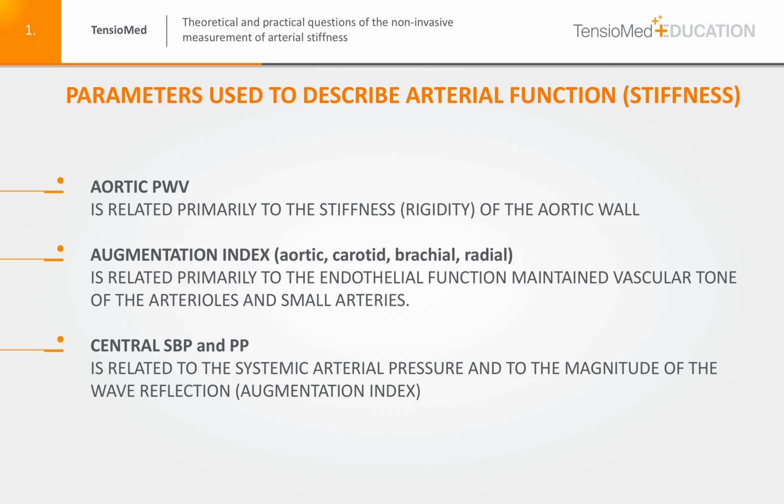However, it is very much influenced by the so-called wave reflection, systolic wave reflection, and it is actually related to the augmentation index as well, because the augmentation index is basically based on the aortic wave reflection in the second part of the systole.